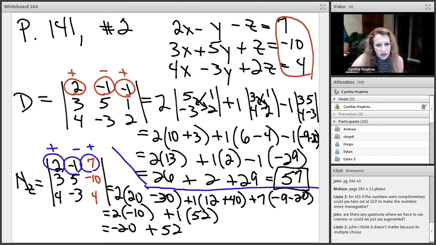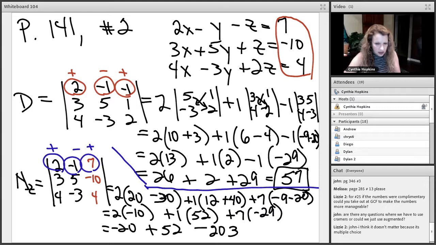So that's +7 times -29. That's going to be 14 minus 203. I'm going to double check that. I don't want to make a mistake. 7 times 29, 203. Okay, so I have -203.